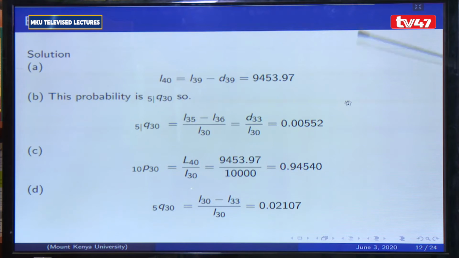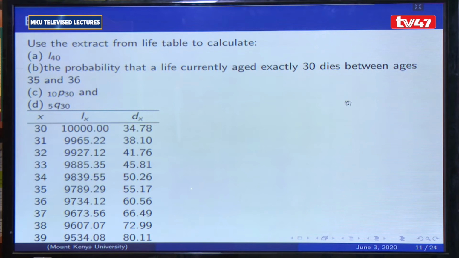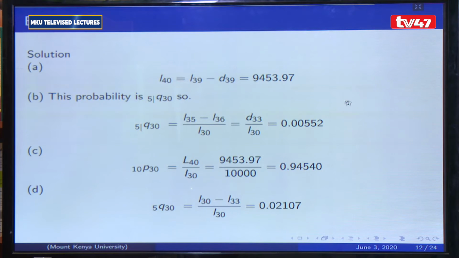Note that for l 40, from our table, the last value is l 39 and d 39. But from our formula, we know that d 39 is given by l 39 minus l 40.